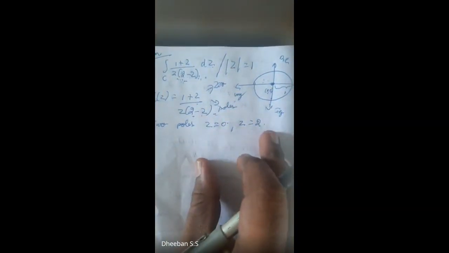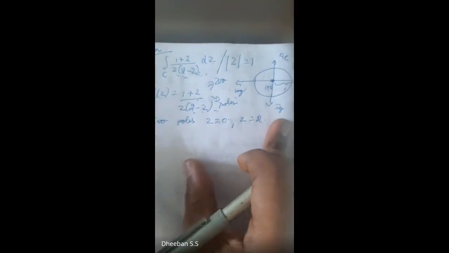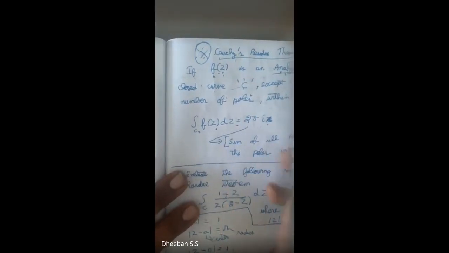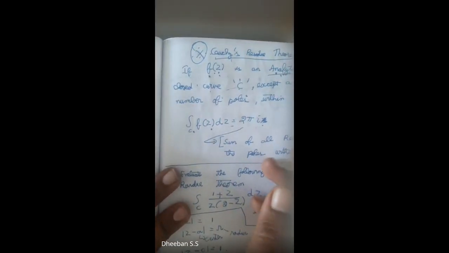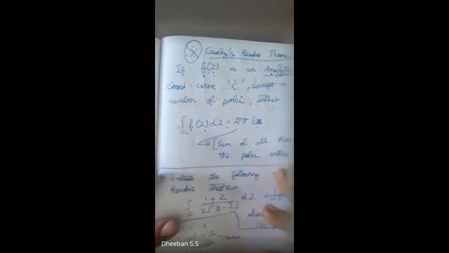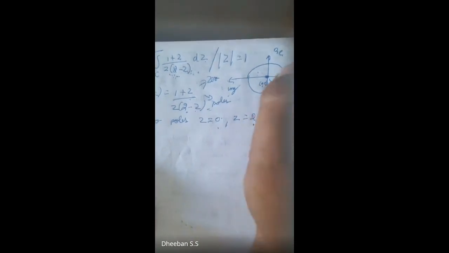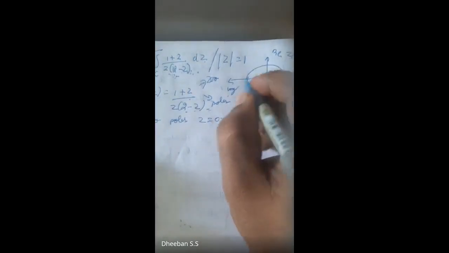Now you have to plot these two values to check that you are getting a finite number of poles. As I said, you have a closed curve, but you have to check whether the poles are finite. To check this, you have to locate these points in the z plane. z equal to 0 is within the unit circle.